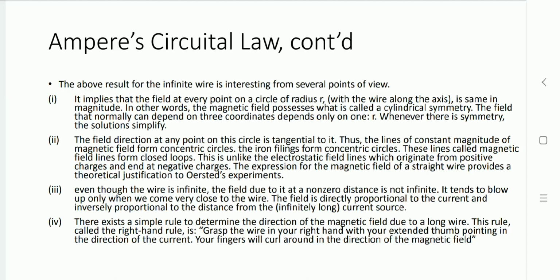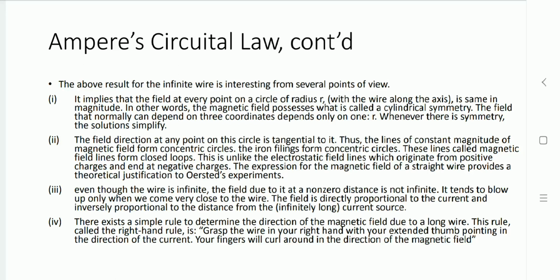When we come very close to the wire, it tends to blow up. The field is directly proportional to the current and inversely proportional to the distance from the current source.